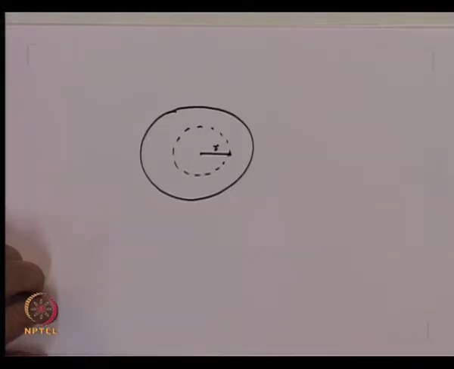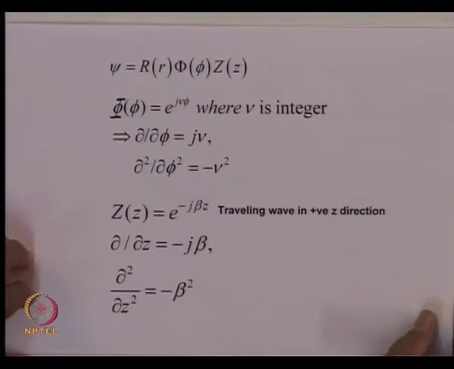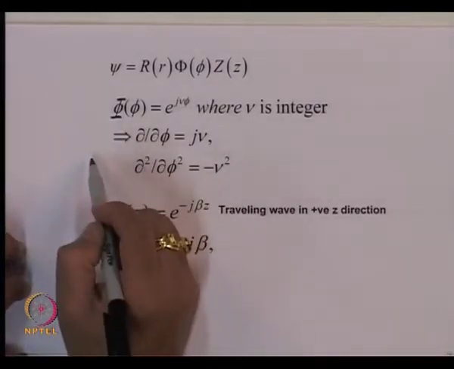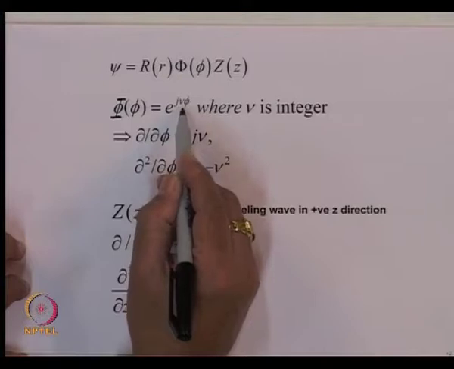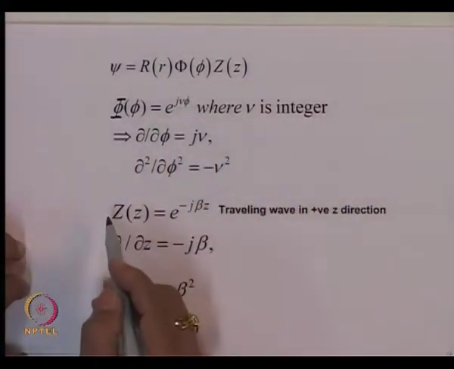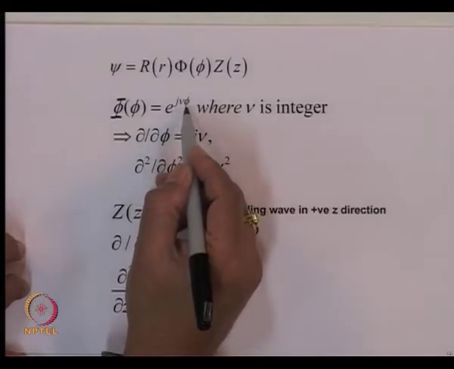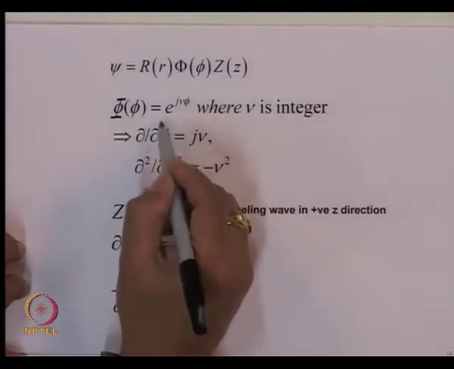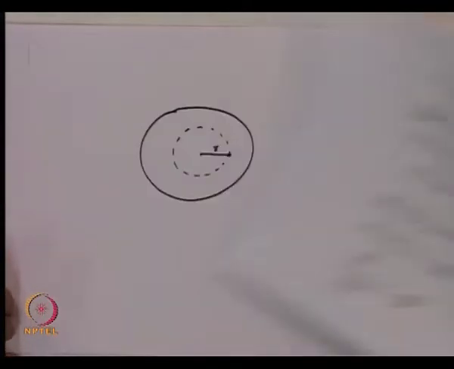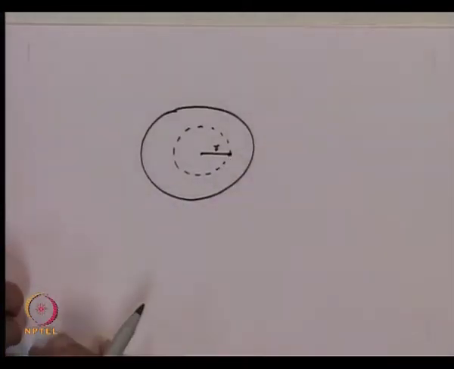And that can happen if we choose a function of this type, that if I consider this function capital phi as e to the power j nu phi, where nu is an integer, when phi becomes 2 pi, you will get this quantity multiples of 2 pi, or in other words, you will reach the same point.